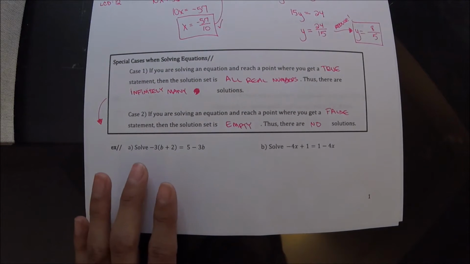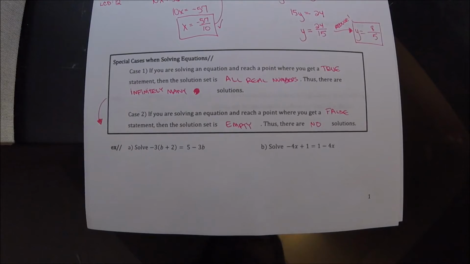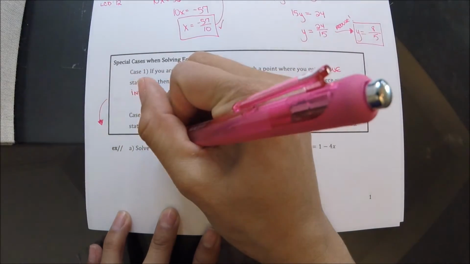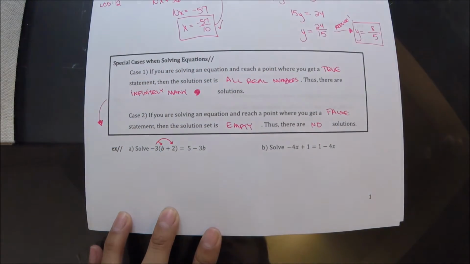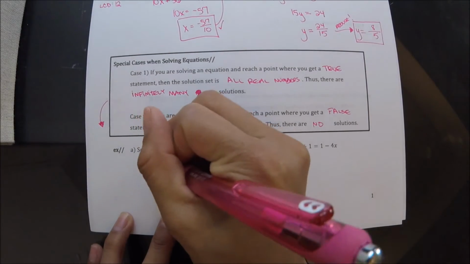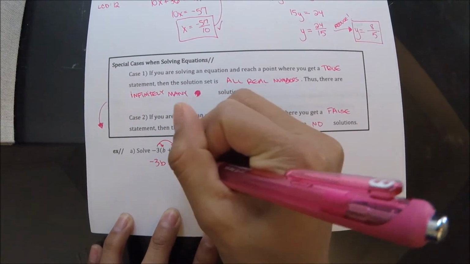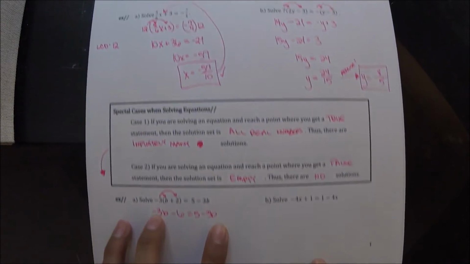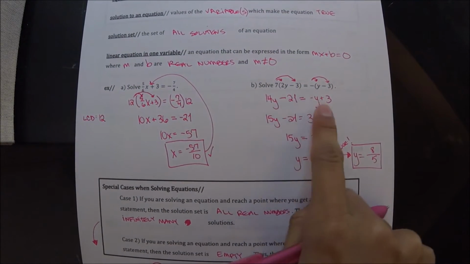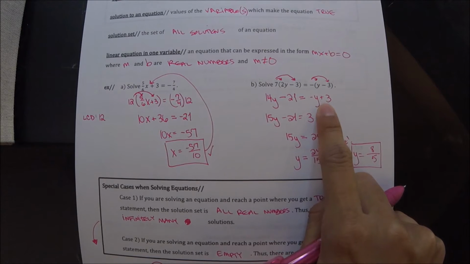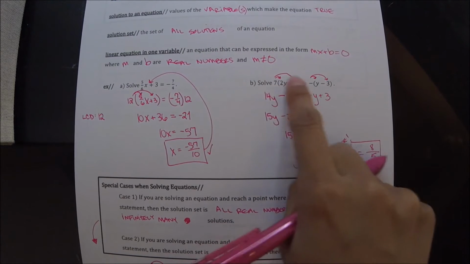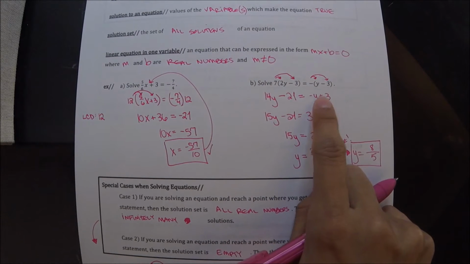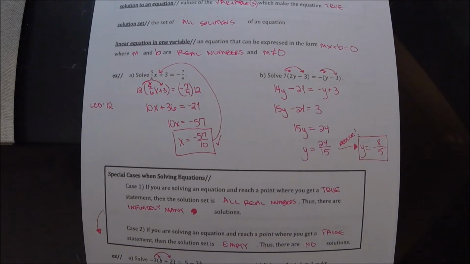So for example, solve this equation. Alright, well, let's just go ahead and start distributing the negative 3. So we get negative 3b minus 6 equals 5 minus 3b. And then it's kind of like this example here where we had y's on both sides. So we wanted to get all the y's to one side, so we did that by adding this y to both sides.